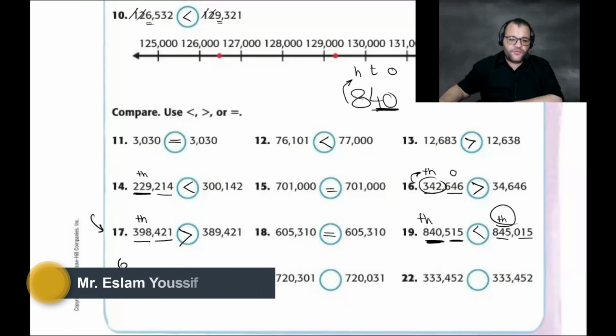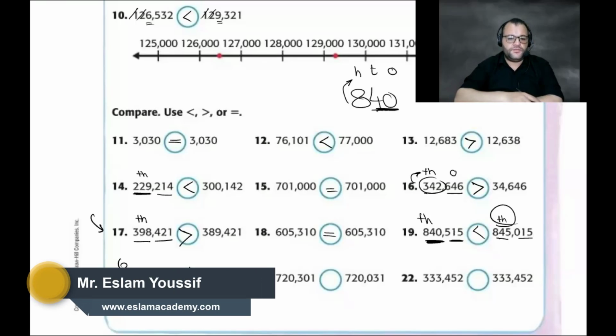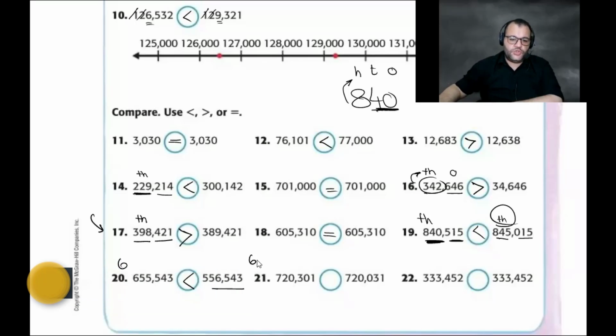How many digits for the other number? 6. So they are equal in digits, or different? They are the same. So we start from left to right. What is the first number here at the left? The right one is the correct answer.